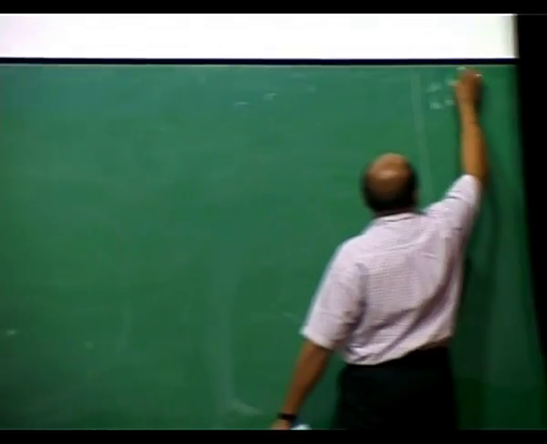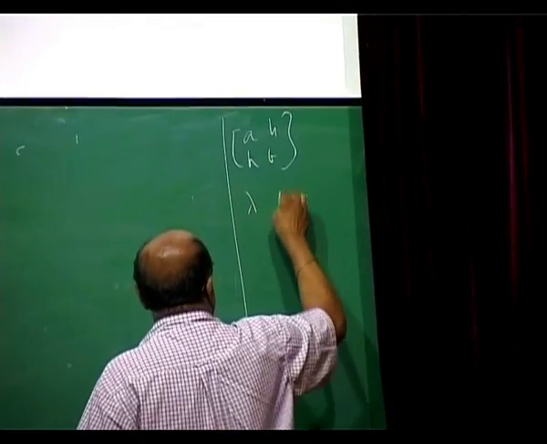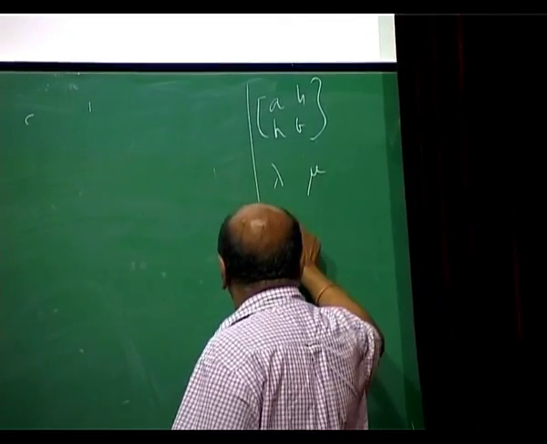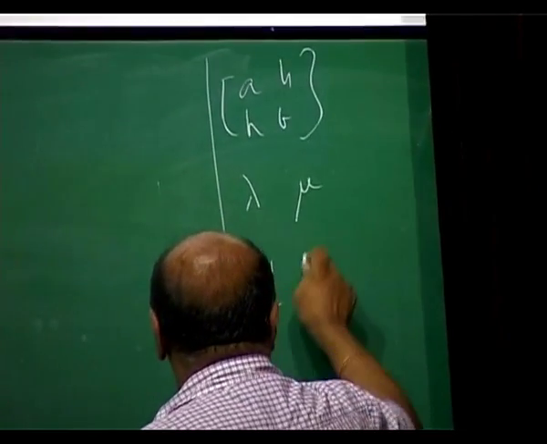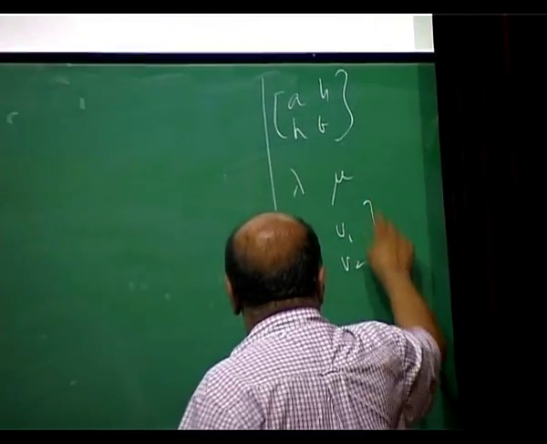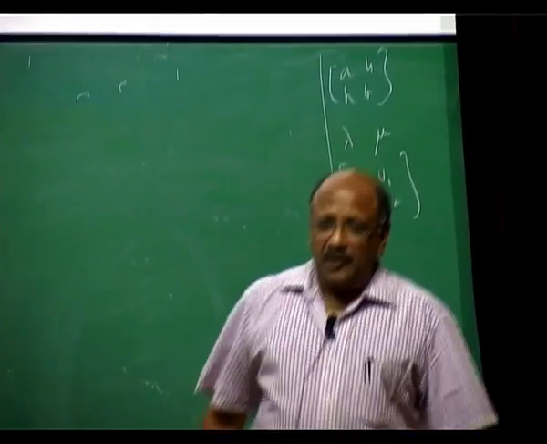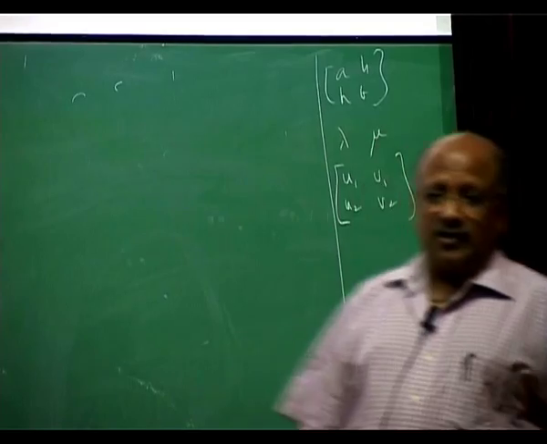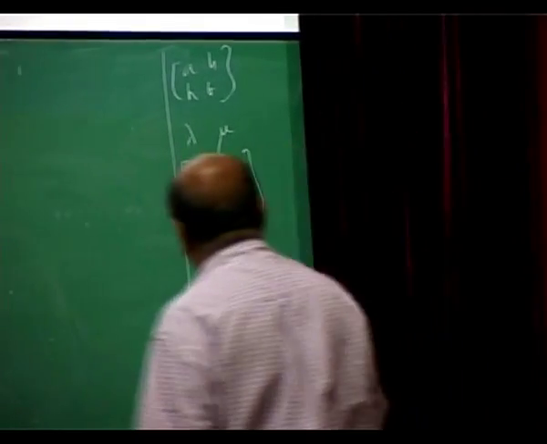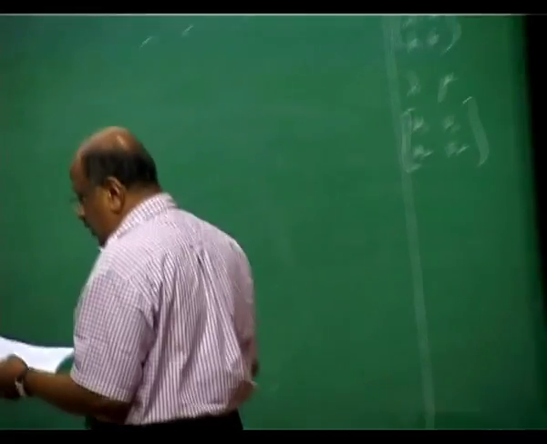So remember always you have A, H, H, B and two eigenvalues which are real, lambda and mu, and corresponding to it two eigenvectors which are orthogonal and normal and therefore form an orthogonal matrix system. Okay.